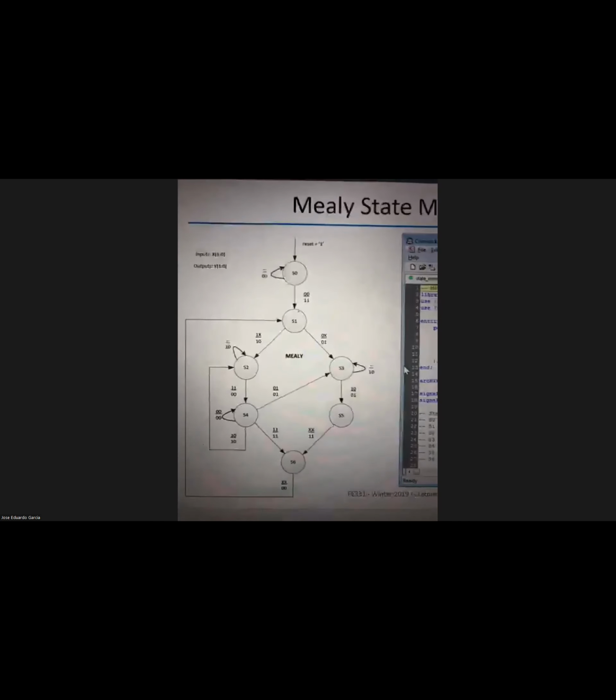Let me see if I can share my screen. So that's the Mealy state machine.